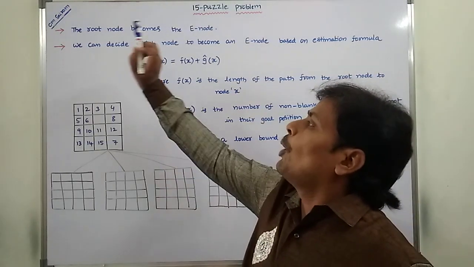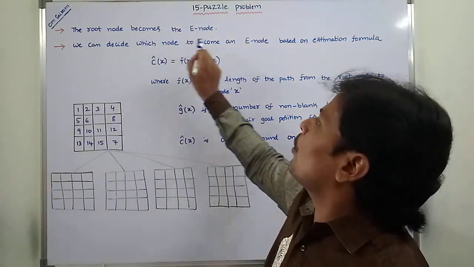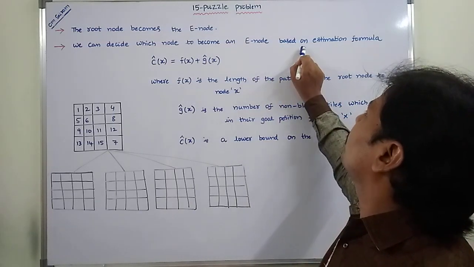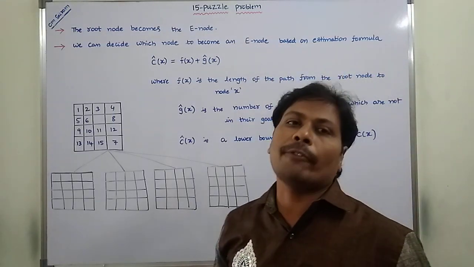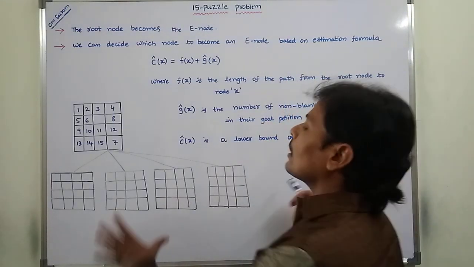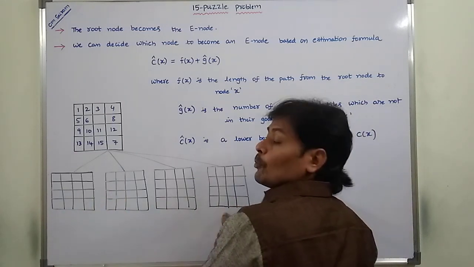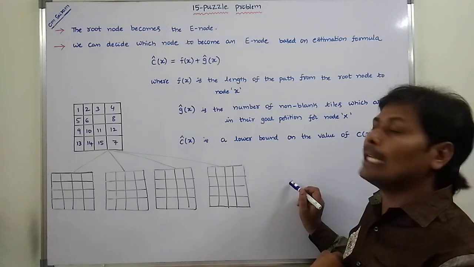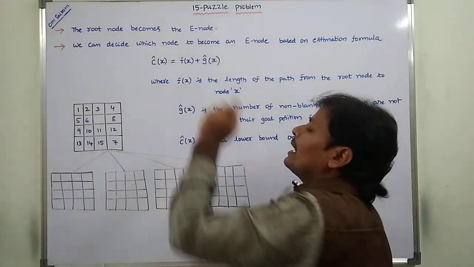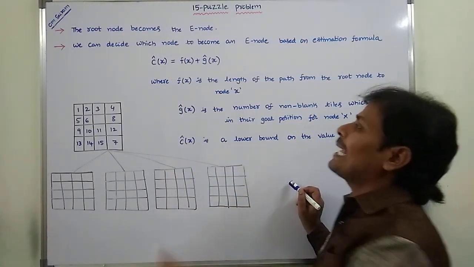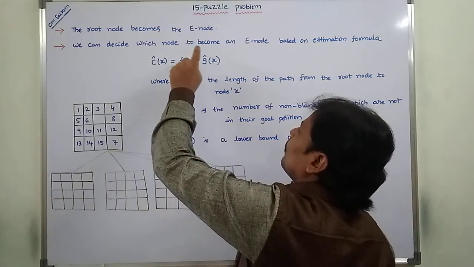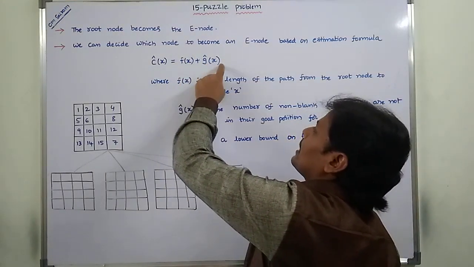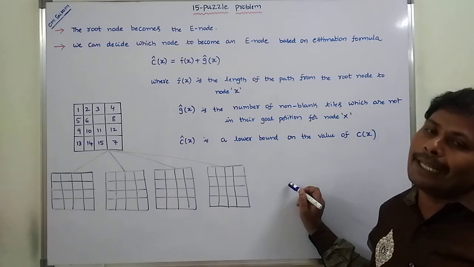Next, we can decide which node becomes an E node based on the estimation formula. Among the 4 nodes, which node becomes the E node can be calculated by using this formula: C cap of x is equal to f of x plus g cap of x.